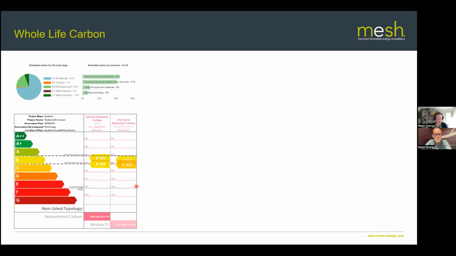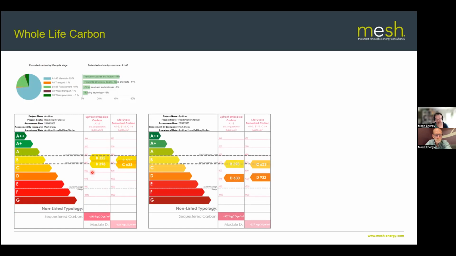But we were able to take the whole life values and plug them into the Leti calculator, which gave us this output. So we understand that even by today's standards, the house would be performing really rather well. It's still in a good place even for a property of its age.